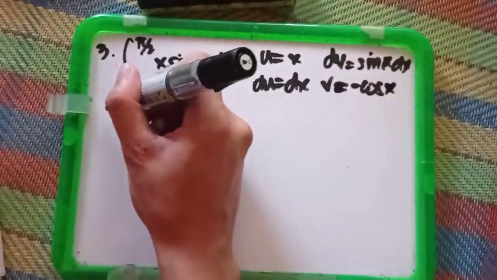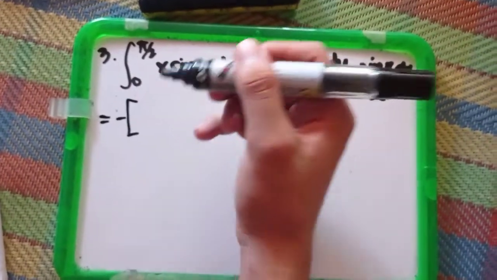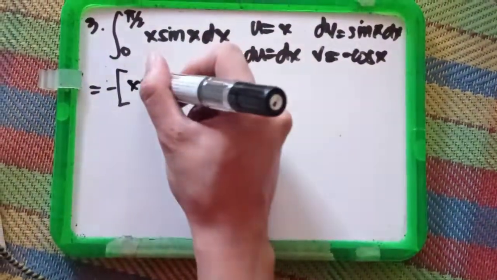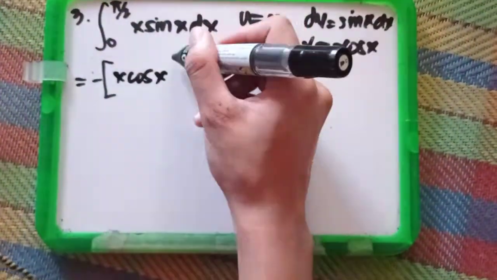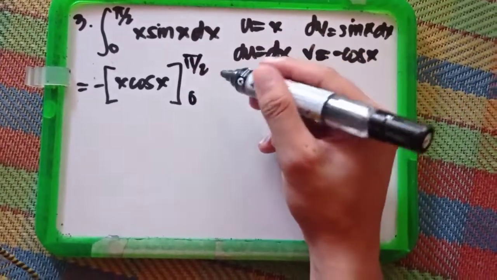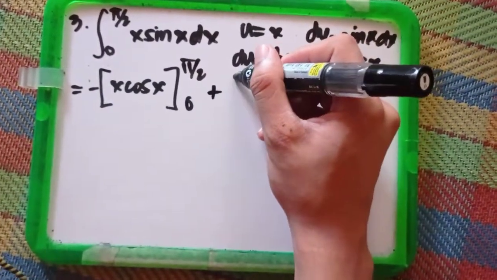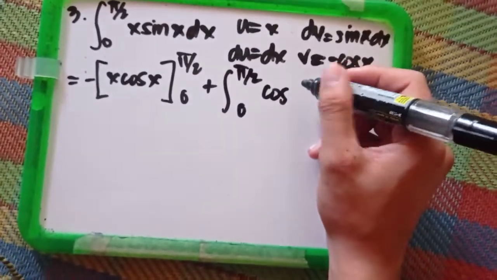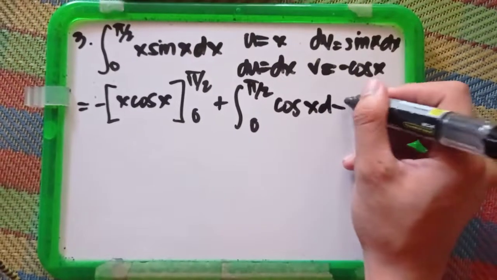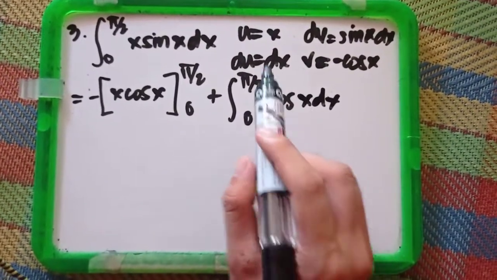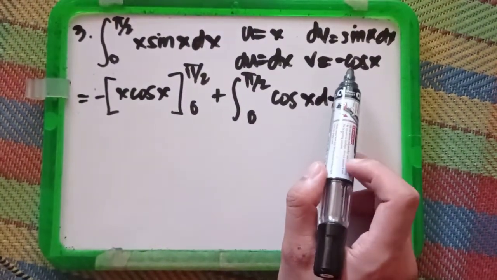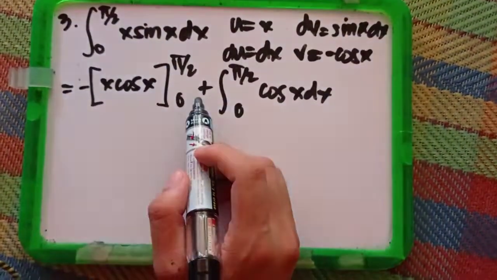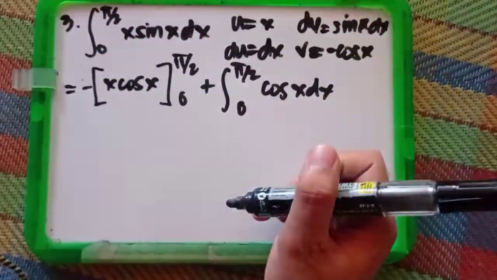So this will be negative, for the upper and lower boundary, u times v is equal to x cosine x, the upper and lower boundary, pi over 2 and 0, plus the integral of the upper and lower boundary cosine x dx, because du is equal to dx and our v is negative cosine, and since negative can be multiplied to negative turning to positive, they will be added.